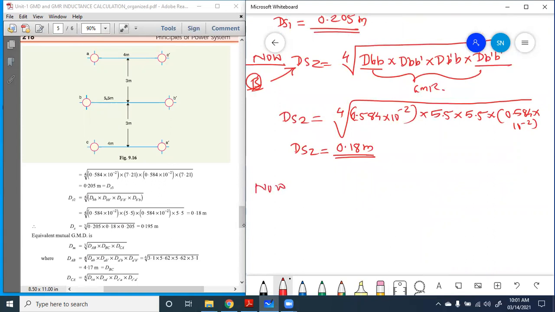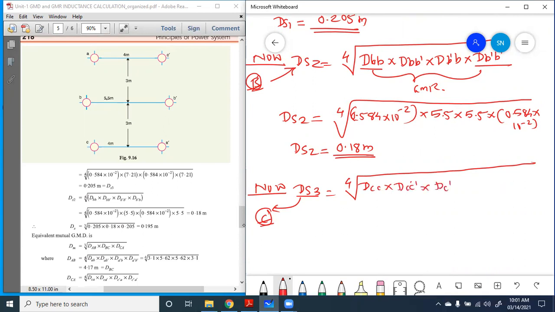Similarly Ds3. Ds3 is related with phase C. So again the combination becomes the fourth root of Dcc into Dcc' into Dc'c into Dc'c', where the Dcc and Dc'c' distances are again the GMR of the conductor.